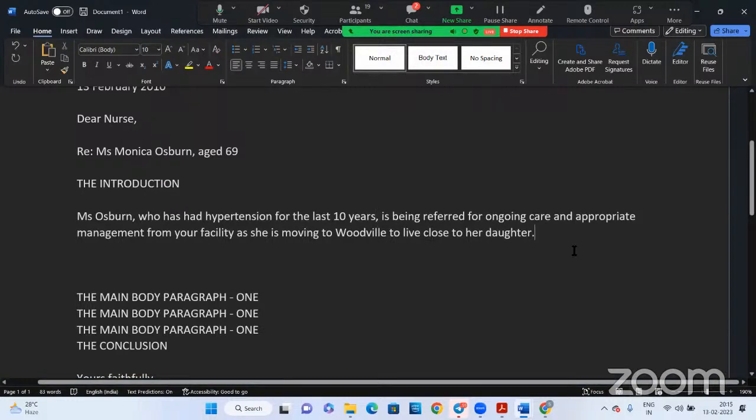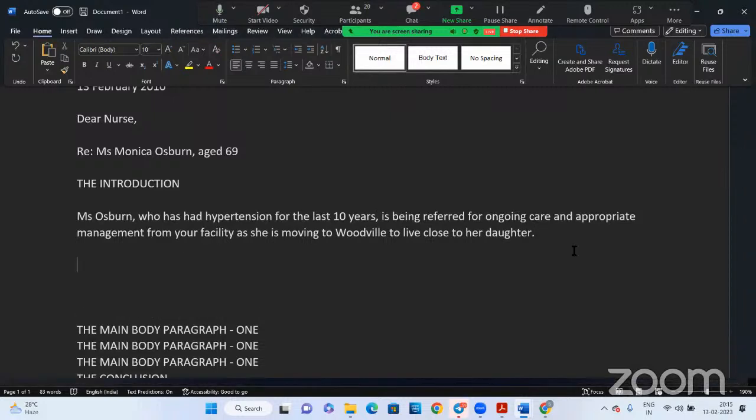This is an A grade sentence. Otherwise, you can write like this: Miss Osborne has had hypertension for the last 10 years.